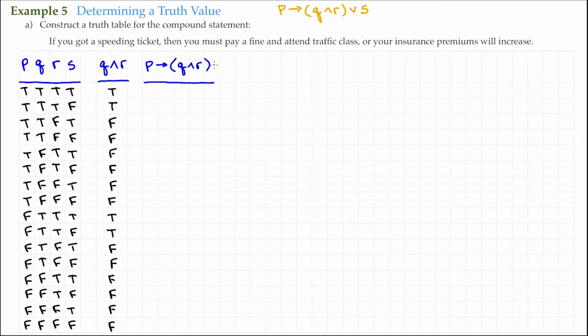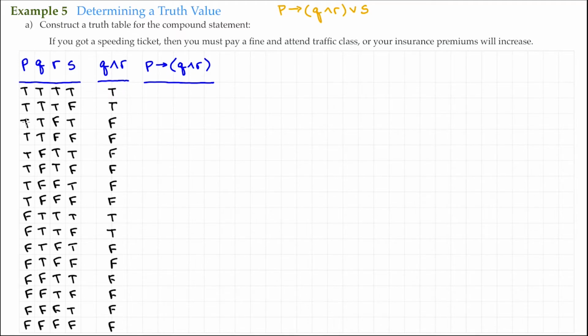So for this clause to be false, the antecedent, which is P, has to be true, and the consequent, which is Q and R, has to be false. So what I do is I just go ahead and look for the falses here, and then see if the corresponding antecedent is true.